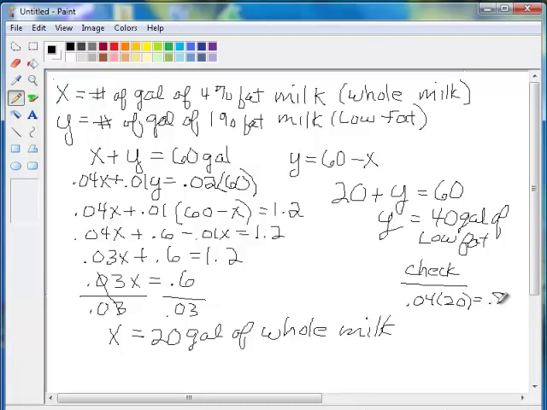Gives me 0.8. And I take 1% of 40, which gives me 0.4. Add it up, and I have 1.2, and that checks out.